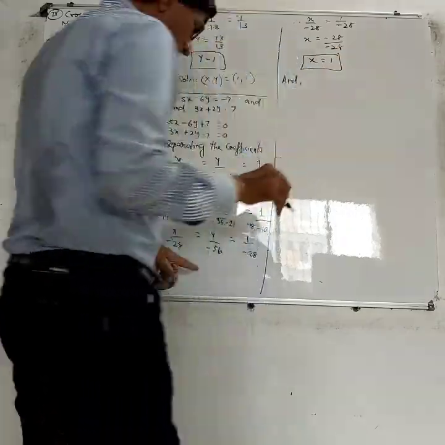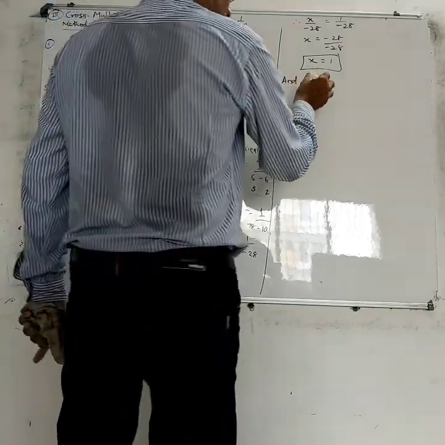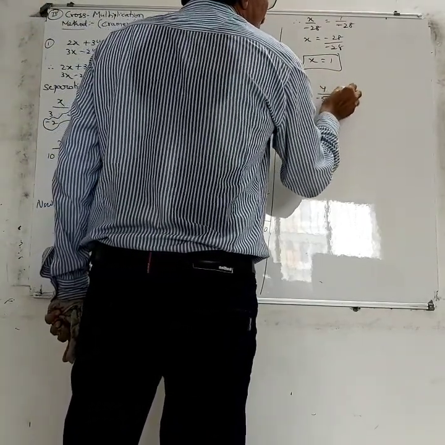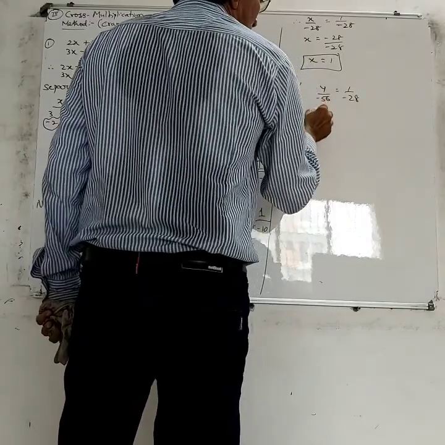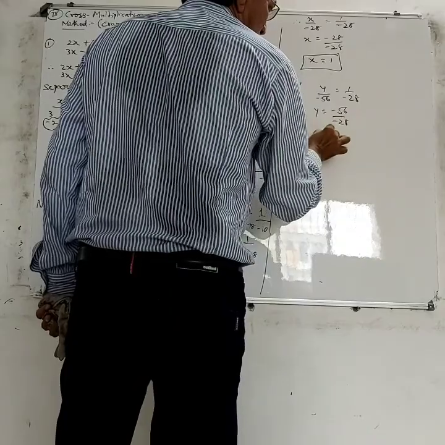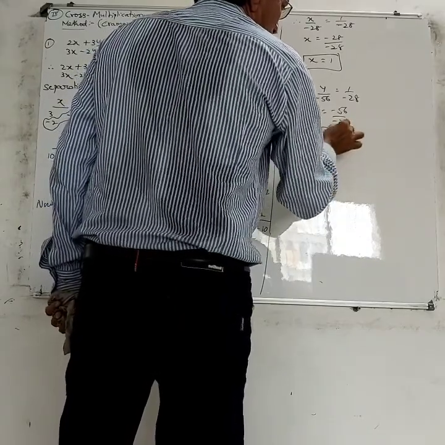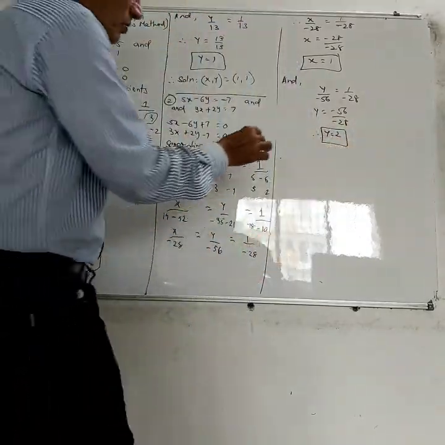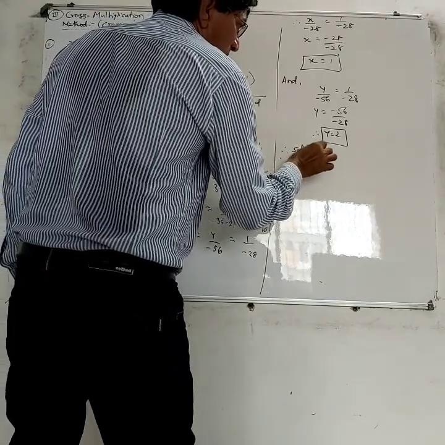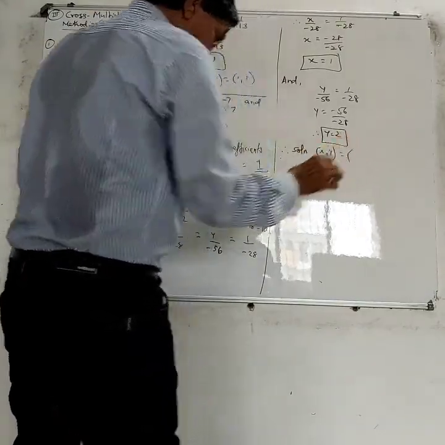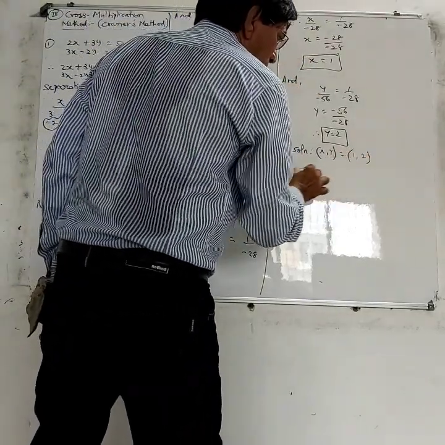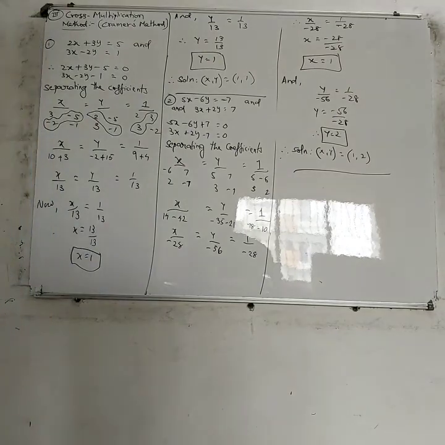And now you take this, y upon minus 56, 1 upon minus 28. Therefore y is equal to 2. So you get x and y. So therefore, solution. Always write x first. What is the value of x? x is 1 and y is 2. And therefore you get 1 and 2.